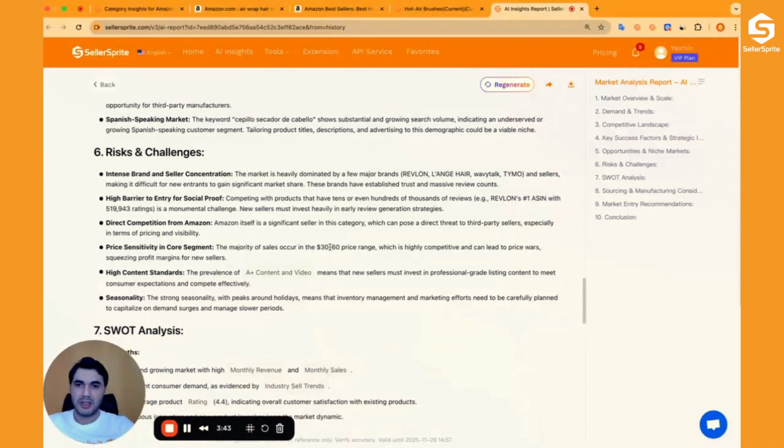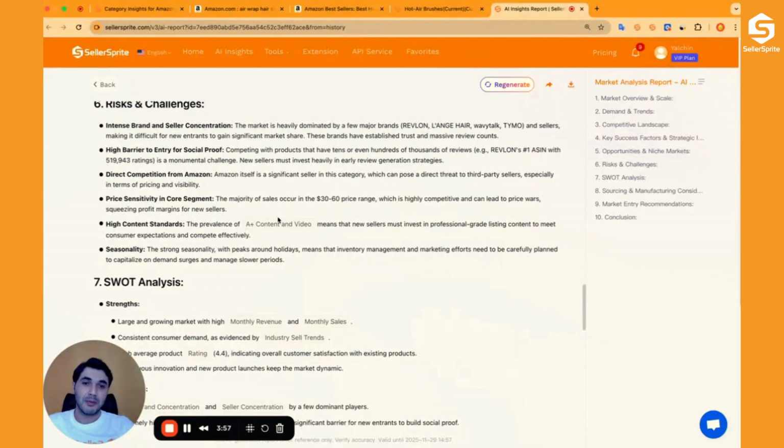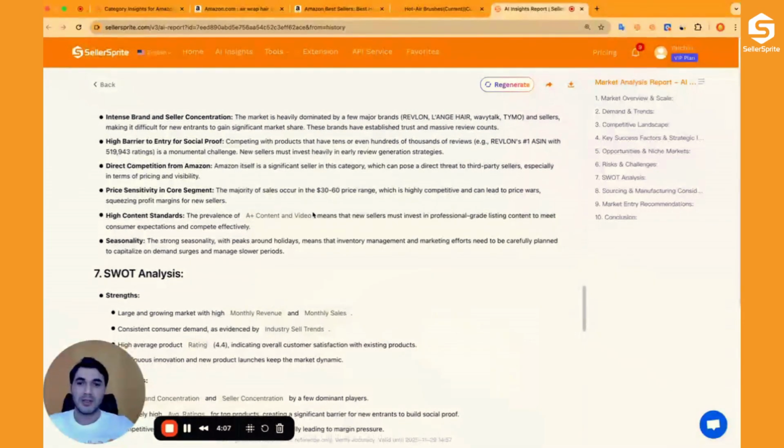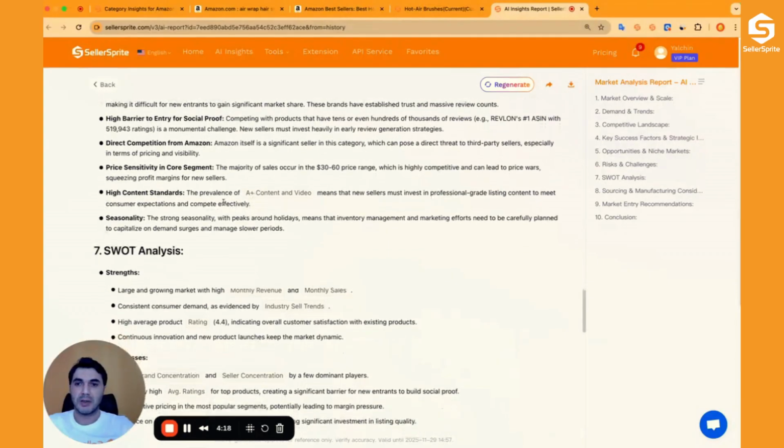I'm not sure whether this subcategory is price sensitive, but as far as I know, it's kind of okay. There are different sellers selling at different prices, and it's accepted. Especially cheaper products between 10 to 15 bucks on Amazon are very, very price sensitive. If you increase your price by $1, your sales might sink 30, 40, maybe even a higher percentage. But here it's not that price sensitive.